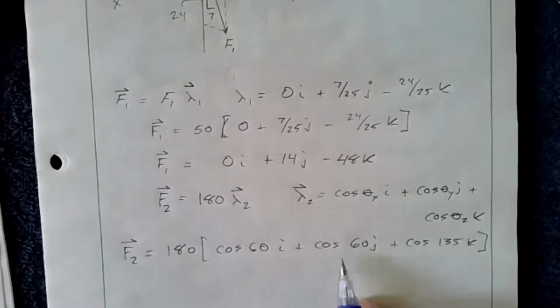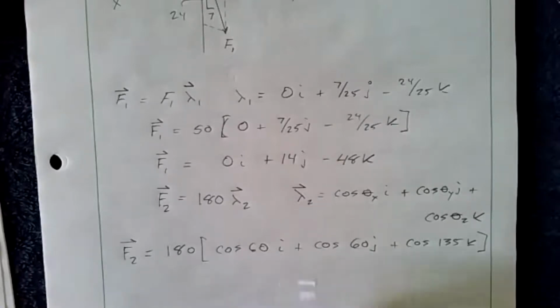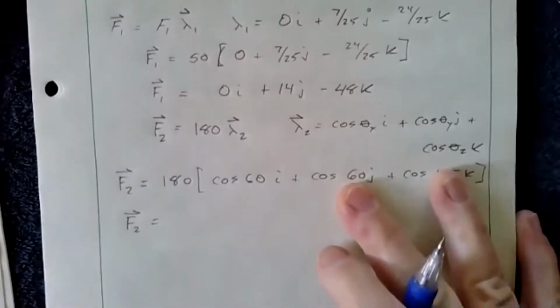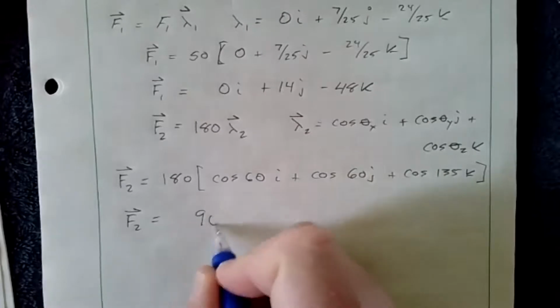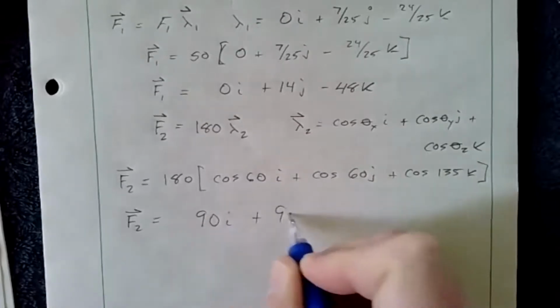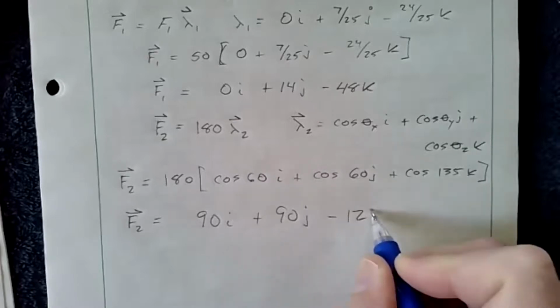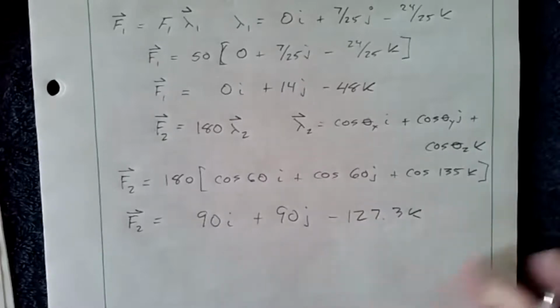We know that's a half, and square root 3 over 2 for the third. So we should get F2 equal to 90i plus 90j minus 127.3k.